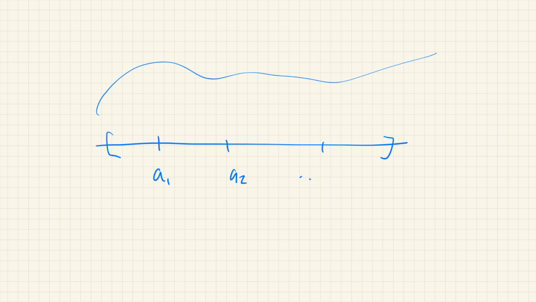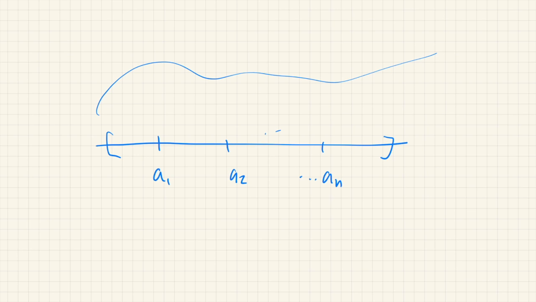So let's consider a function on an interval. It can be open or closed, but let's say closed. So we have a function, and it can be discontinuous at finitely many points. So let's say at this point, this point, this point, and so on. Let's say a1, a2, and so on, up to an.